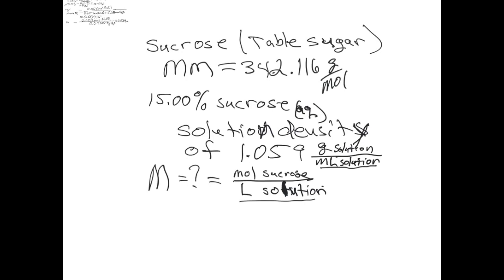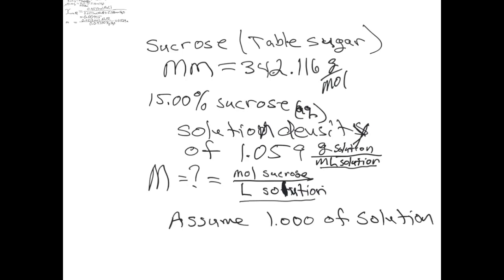So we can assume again. So since we want liters of solution on the bottom, let's just assume that we had 1 liter of solution. So I'm going to assume 1 liter of solution.